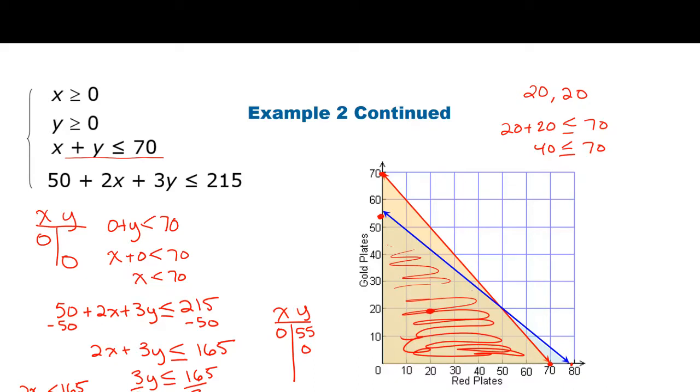Let's put it into this other equation. 2 times 20 is 40. 3 times 20 is 60. So 40 plus 60 plus 50 is 150, and that is also less than or equal to 215. So we know that our solution is true.